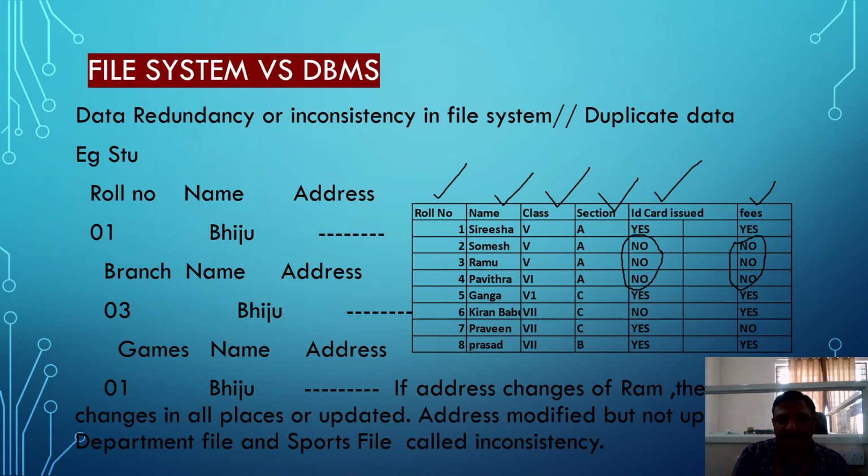Now if we take any table, data redundancy means the data is not consistent in the file system. For example, suppose Somesh has been issued an ID card after some days.